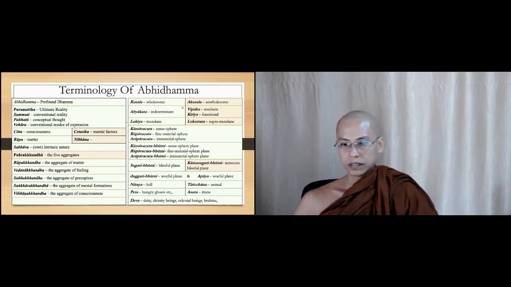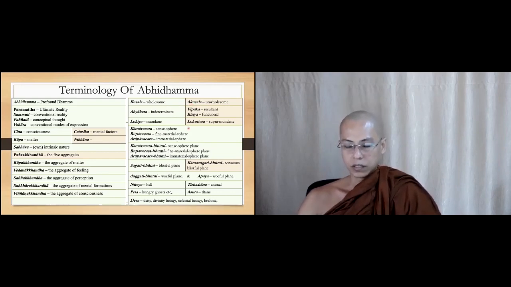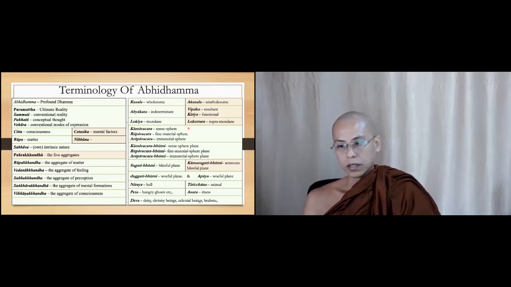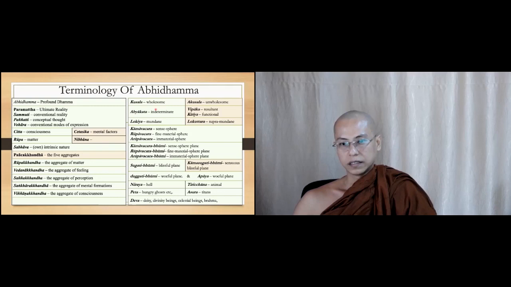Here we already talked about kusala and akusala. Kusala is wholesome and akusala is unwholesome. Here you see the word a, the a changes the meaning to the opposite. So kusala and akusala. In this way, you will find many usages which change to the opposite by the word a. And abyakata, indeterminate. Abyakata refers to vipaka and kriya.